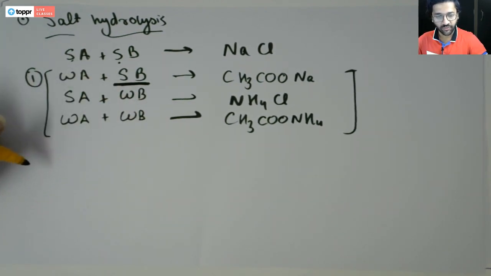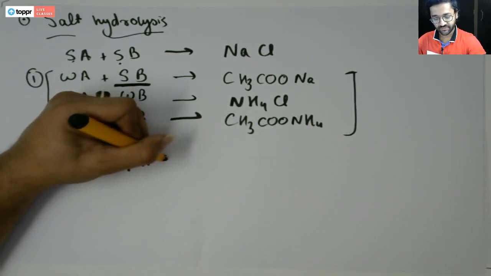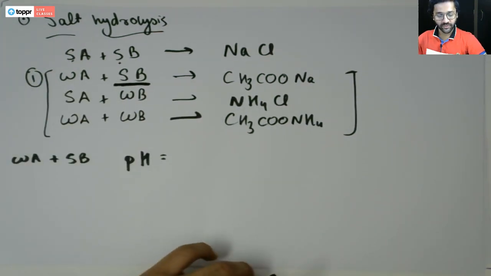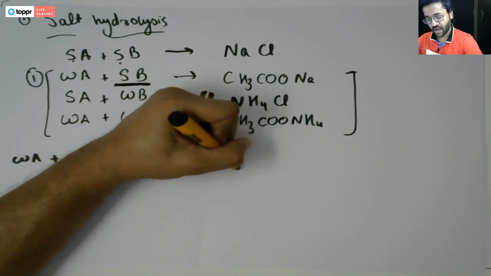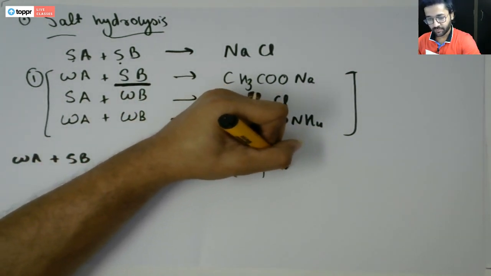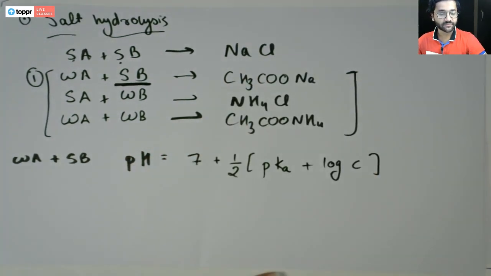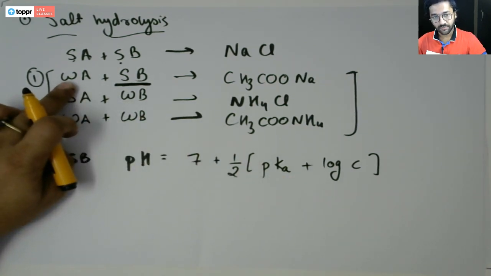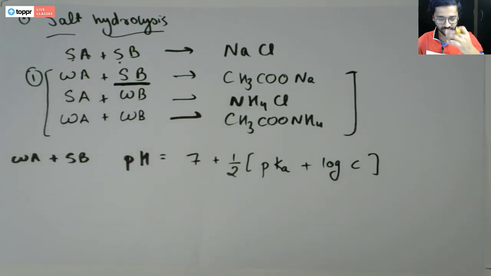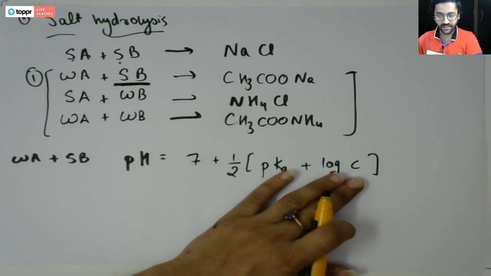From the equation also we can see, for a weak acid and a strong base, the pH after hydrolysis comes out to be 7 plus half of pK plus log C. The K is the constant for the weak acid, and C is the concentration.